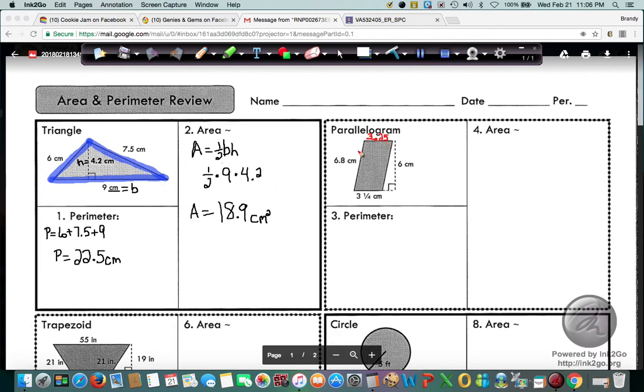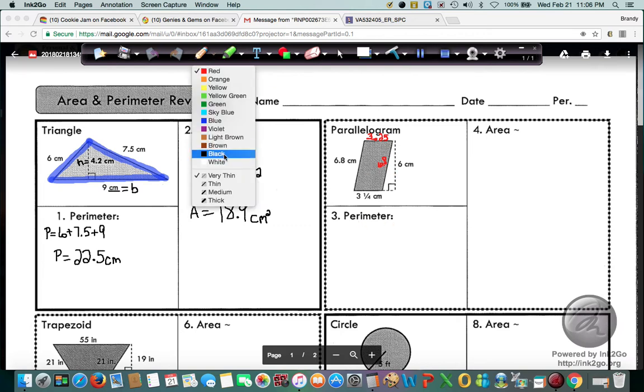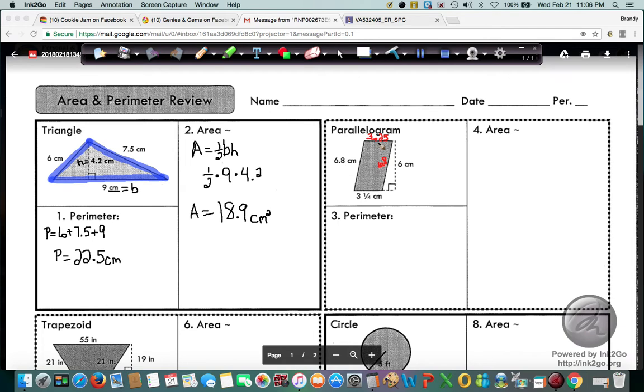And if this length over here is 6.8, I can make this one right here 6.8 as well. And that's going to be helpful for my perimeter, because when we do perimeter, you just add up all the sides. Right now we're not using the 6, because remember that dotted line is your height. So we're not using this 6 right now. We're just using these 4 numbers.